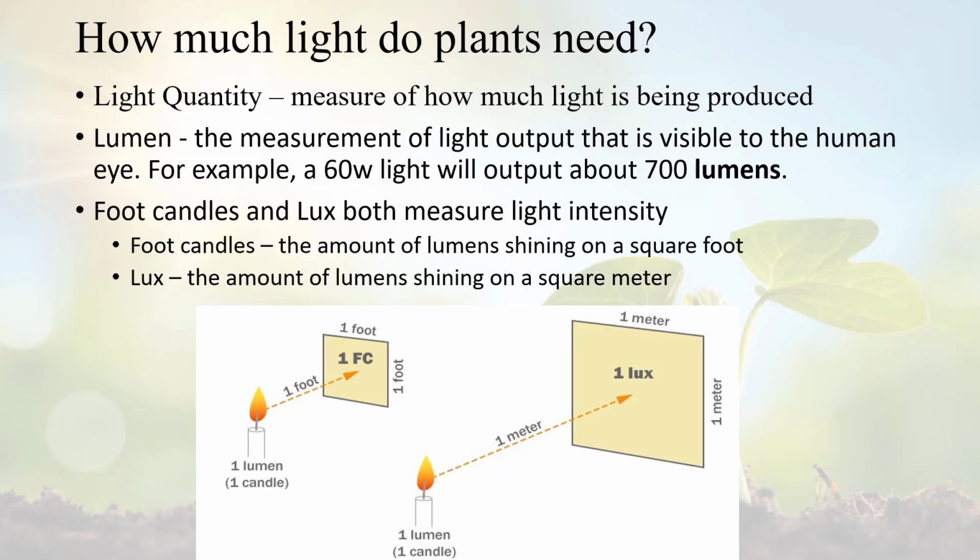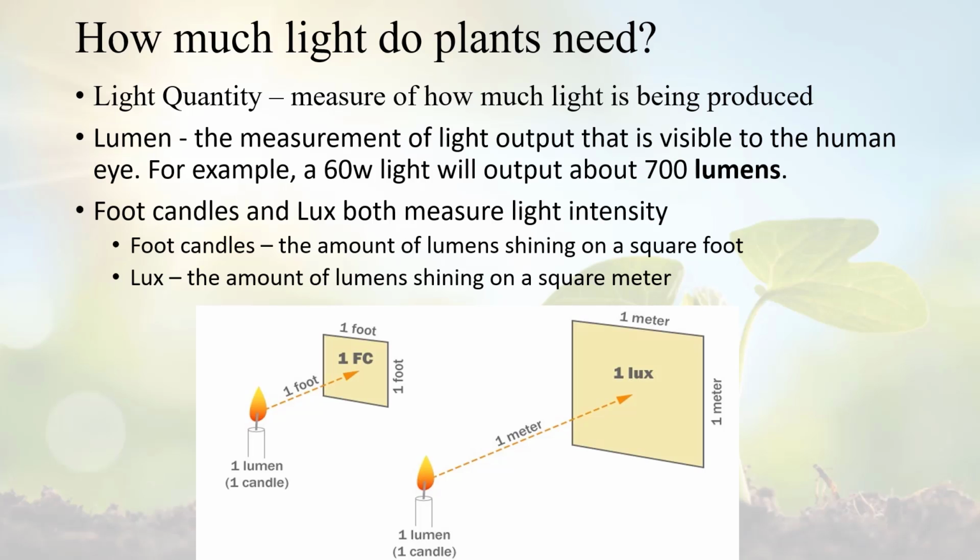And then based on this concept of lumens, we developed some other measures of light intensity, foot candles and lux. So a foot candle is the intensity of light if you have one candle or one lumen that is set a foot away from a wall. And if you're viewing the light intensity on a 1 foot by 1 foot section, this would be considered a foot candle.